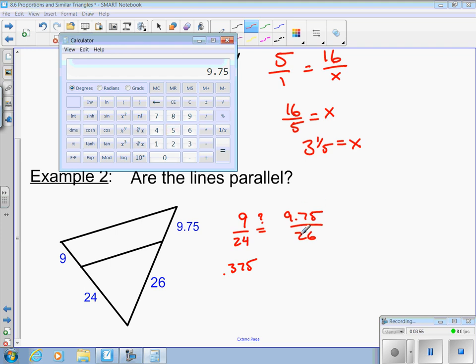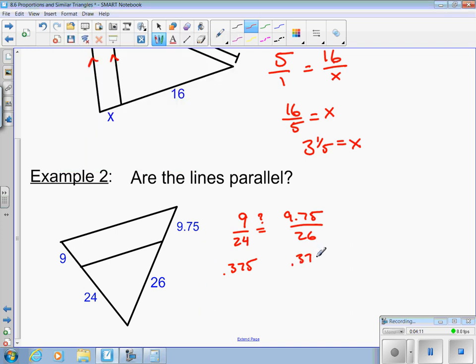I'd probably have to multiply by 4 and reduce. You could reduce this by 3, but if you're not as good with your numbers, just divide them out on a calculator. They both equal 0.375. So if they're equal, then we can say yes, the lines are parallel.